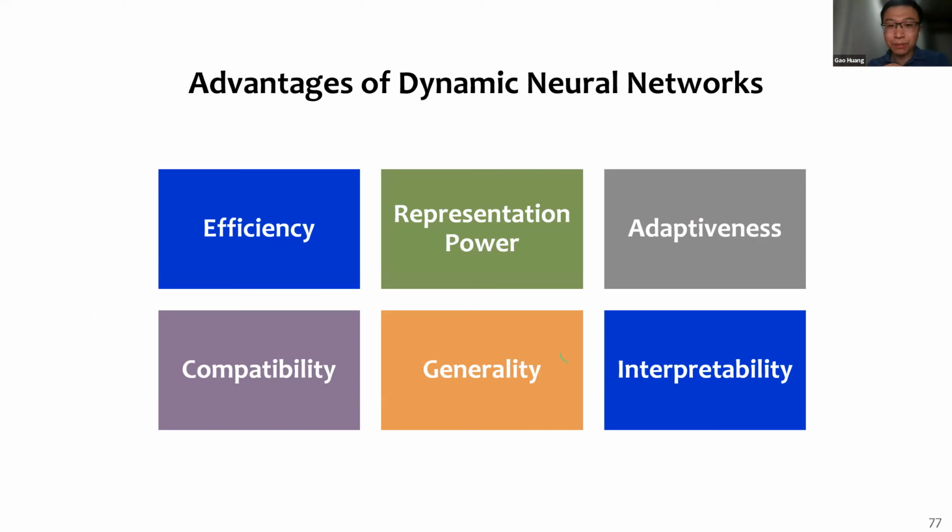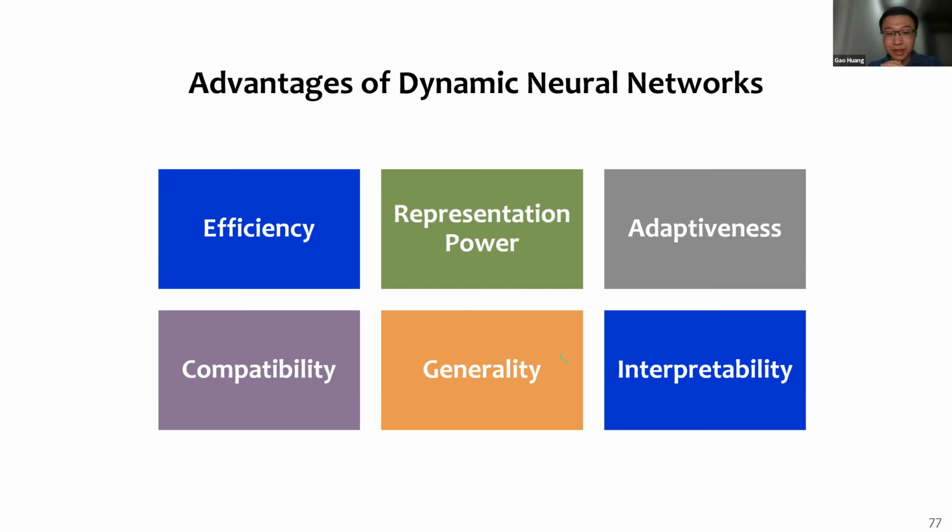So it has higher representation power because its parameters can adapt to different inputs. And the dynamic network is more adaptive because it can adjust its computation online, conditioned on the environment.